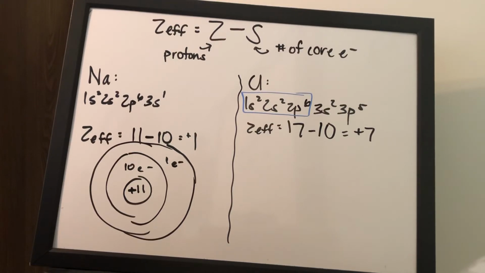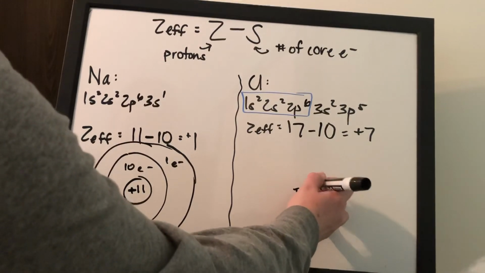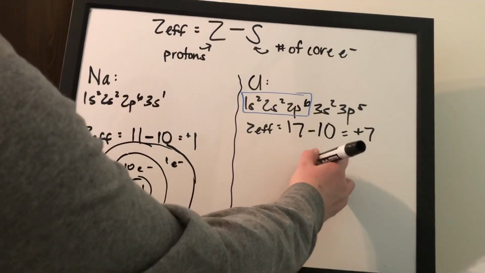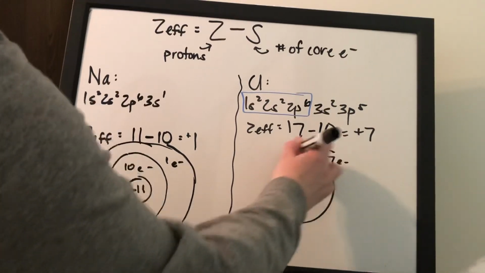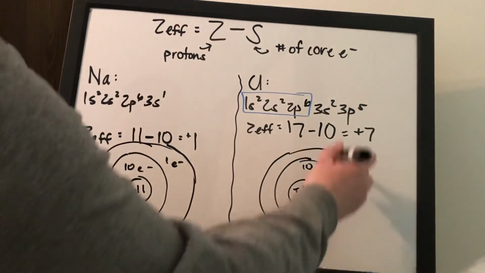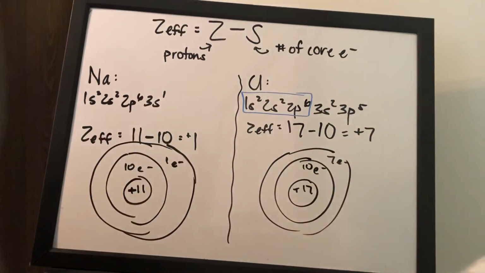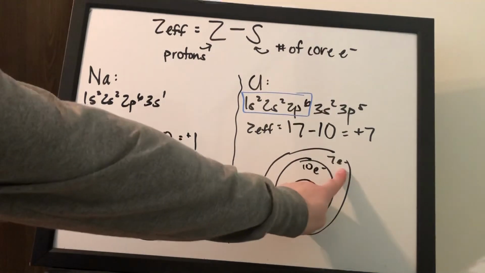So if I were to think about this discussion, here's chlorine, 17 protons in the nucleus, 10 core electrons, and 7 valence electrons. The question here is, what attractive force are these valence electrons feeling?